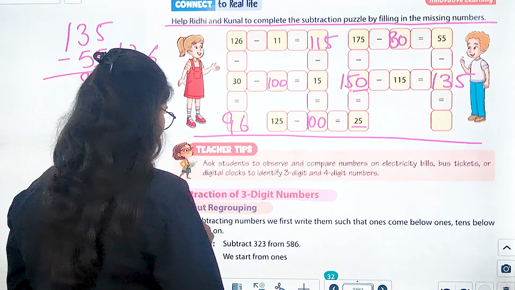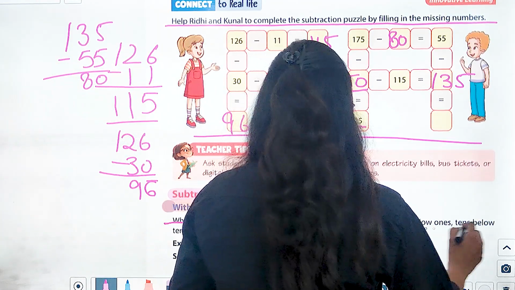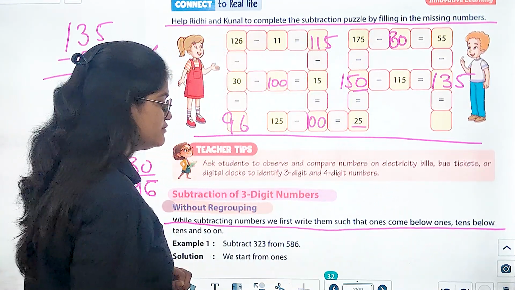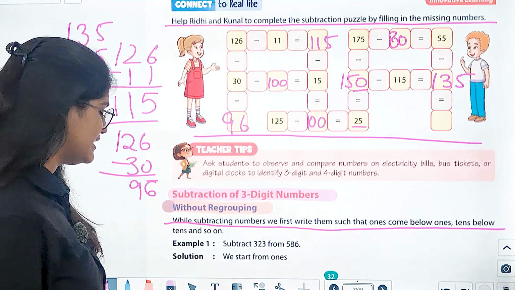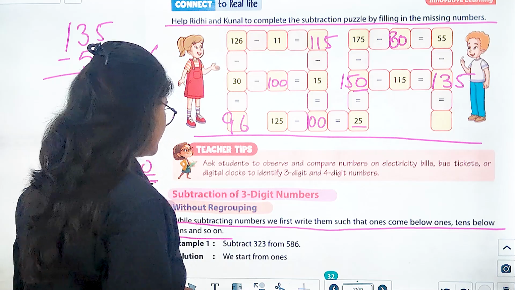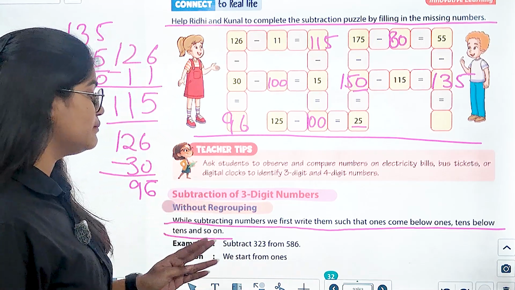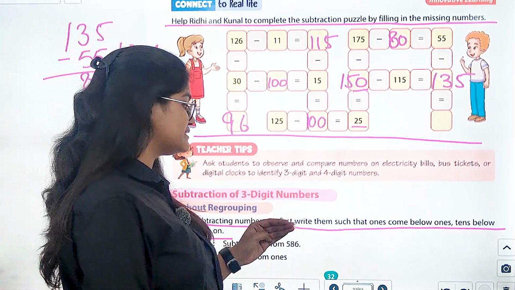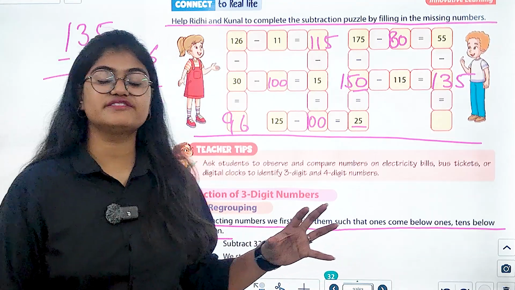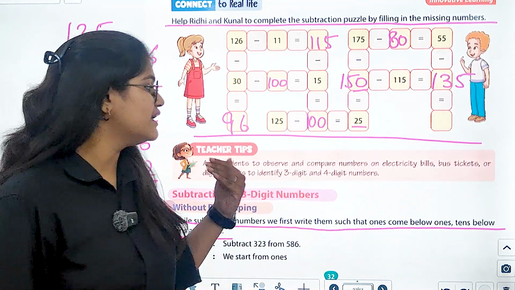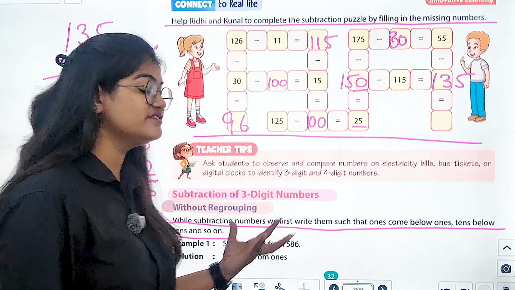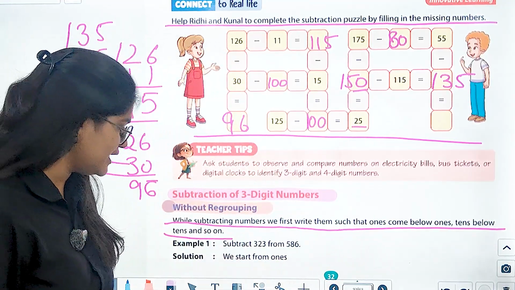So while subtracting numbers, we first write them such that ones come below ones, tens below tens, and so on. So when we subtract numbers, we first write them so that the digits at the ones place come below ones, the digits at the tens place come below tens, and so on, right?